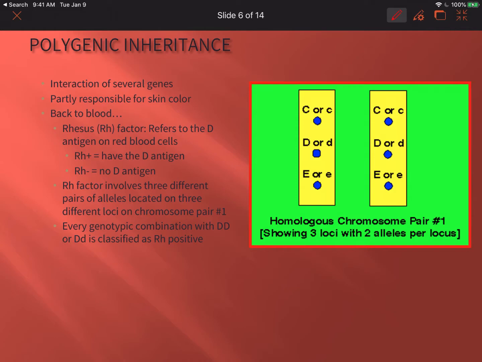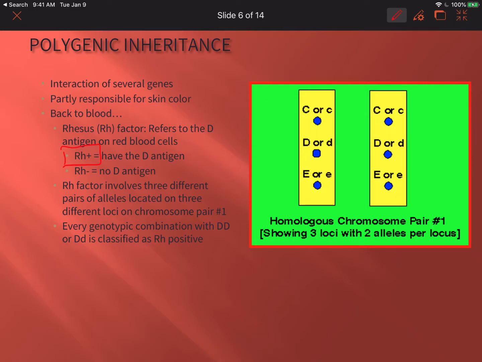If you know your blood type, you're going to be A, B, AB, or O, but then there's this other component of your blood type, which is very important, called the rhesus factor. That determines whether you're positive or negative. So when you say you're AB positive, it means that you have the carbohydrate chains for A and B type blood, but in addition to that, you also have the D antigen, which is the rhesus antigen. And that's Rh positive, okay?